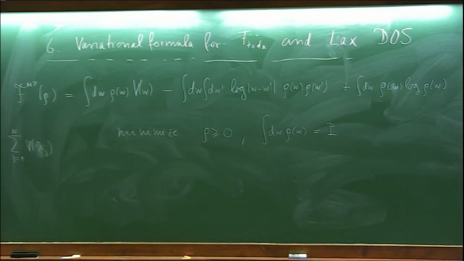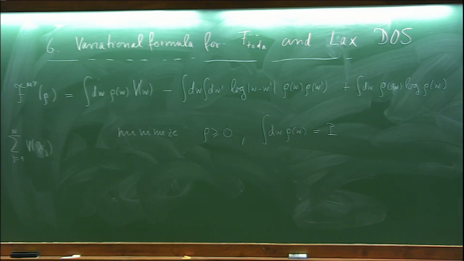What? Normalization. Well, it depends. Should it depend also on v, you mean? No, it doesn't. It only depends on p. The normalization of the joint distribution of eigenvalues, you mean?